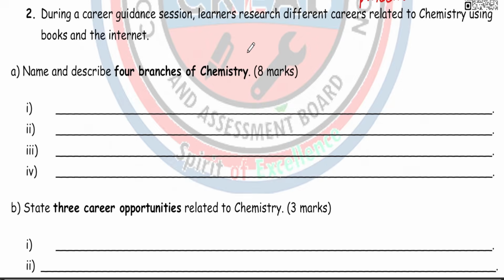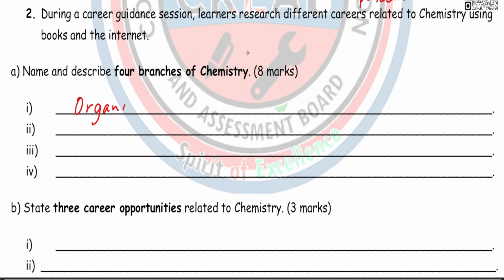Let's go to question 2. Now, for question 2, during a career guidance session, learners research different careers related to chemistry using books and internet. Question A, name and describe 4 branches of chemistry. So the first branch that we need to know is organic chemistry.